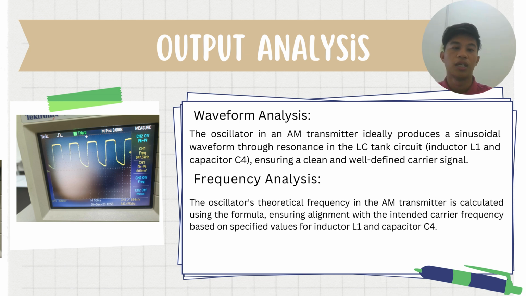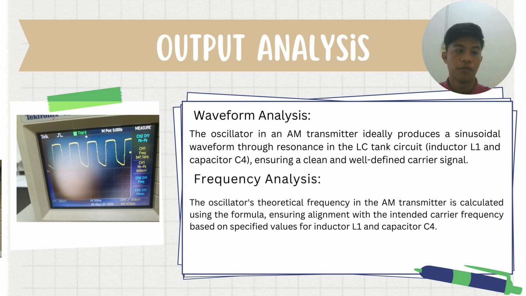For frequency analysis, from theoretical, the oscillator theoretical frequency in an AM transmitter is calculated using the formula, ensuring alignment with the intended carrier frequency based on specific values for inductor and capacitor.